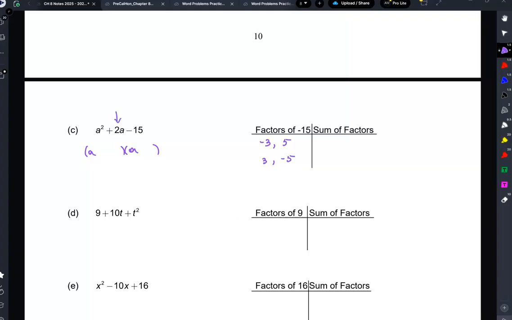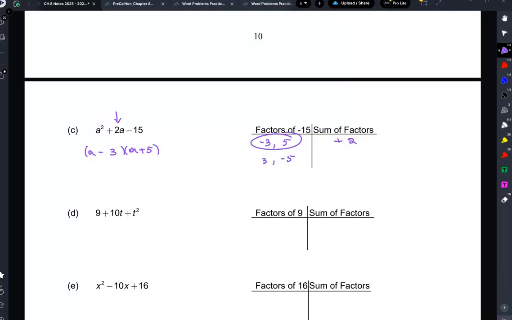The factors of 15 are also 1 and 15, but are those going to add up to 2? No, so I don't bother with them. So now which one of these adds up to 2? I want this one to add up to positive 2. So now look, it's going to be minus 3 plus 5.